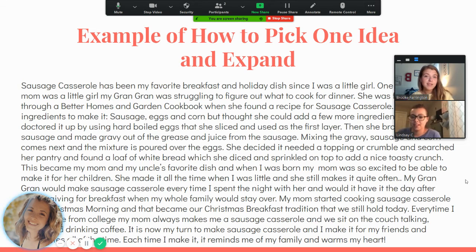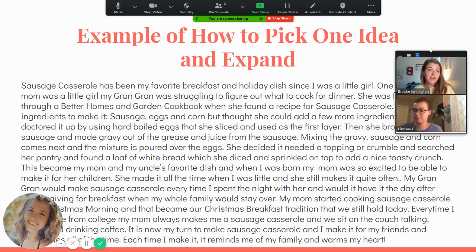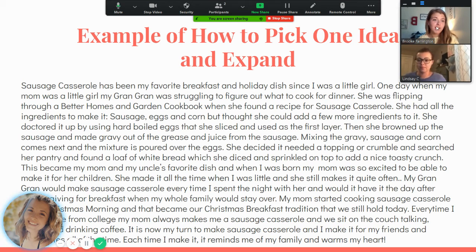And here is Miss Cotton's final draft of her story. I'm going to slide us up here so y'all can see that better. You can see that she started off writing about how her grandma taught her how to make the sausage casserole, and then she talks about the different things she used in the recipe to make the casserole.